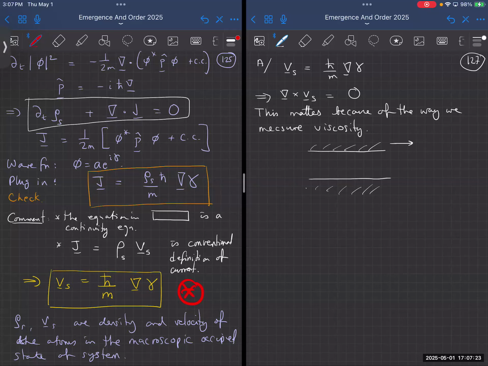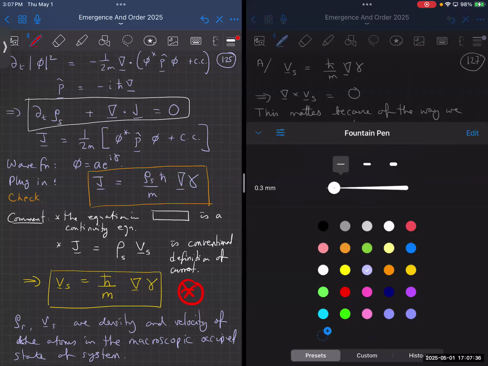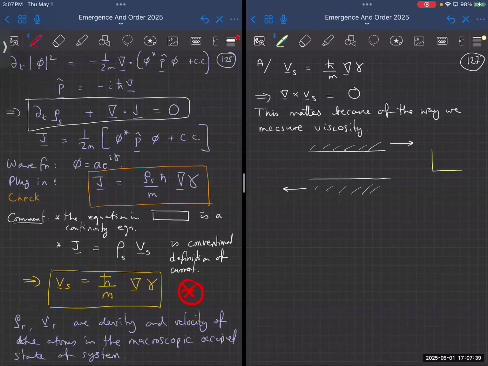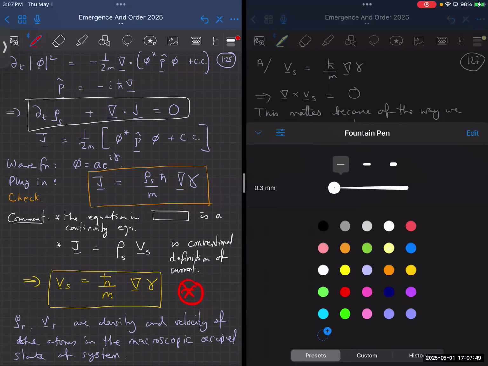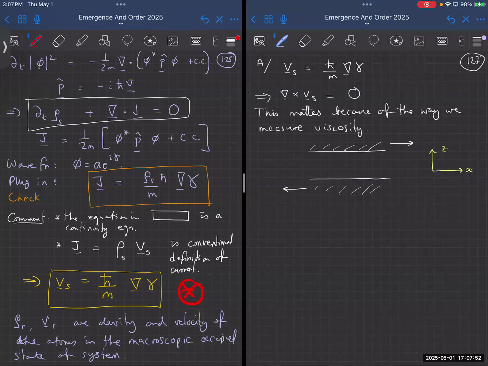So this plate is moving in this direction, this plate is moving in this direction, and in the middle is the fluid. Let's ask ourselves, what does the velocity look like in the fluid? I'm going to set up a coordinate system. We'll call this direction X and this direction Z, and there's a Y direction perpendicular to my screen. We're just going to assume that everything is the same in the Y direction. The fluid has a zero slip boundary condition at the surface.